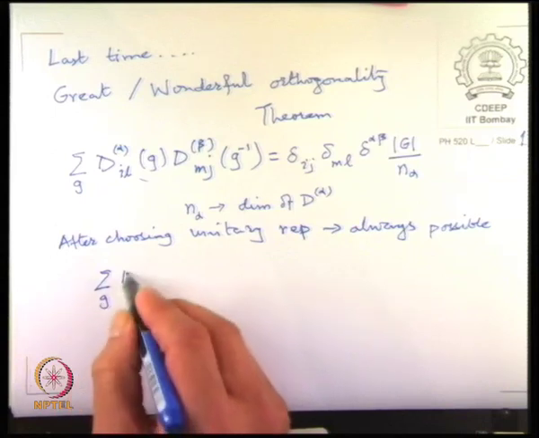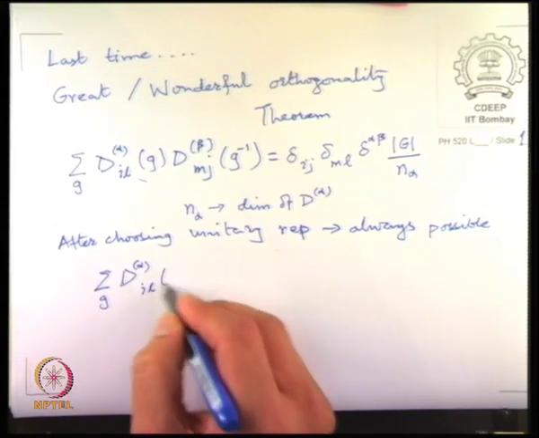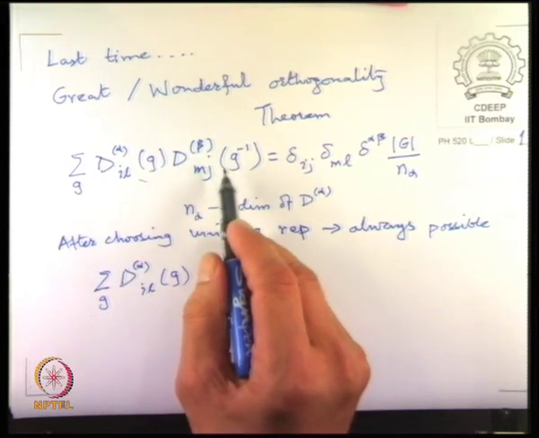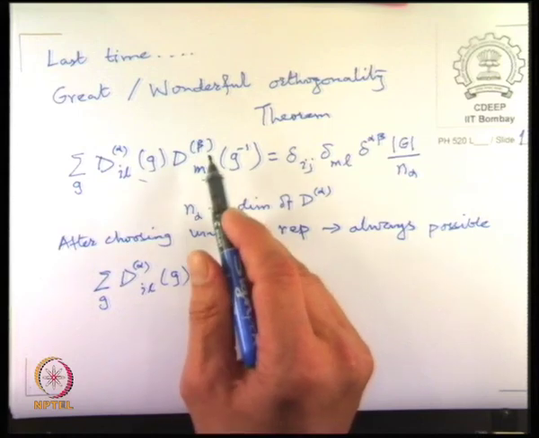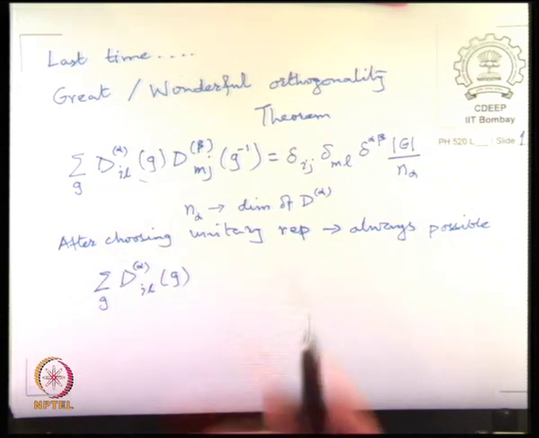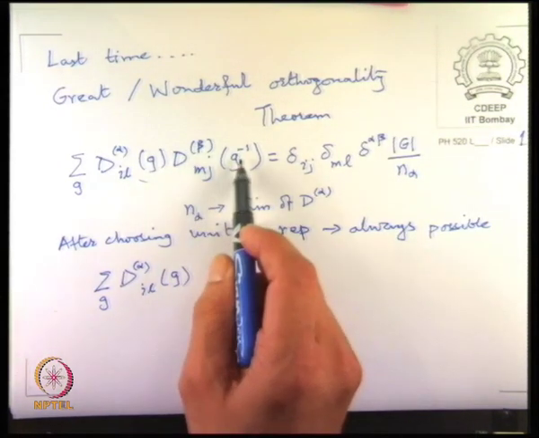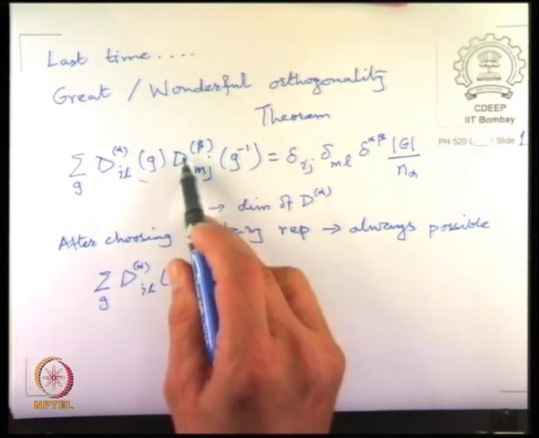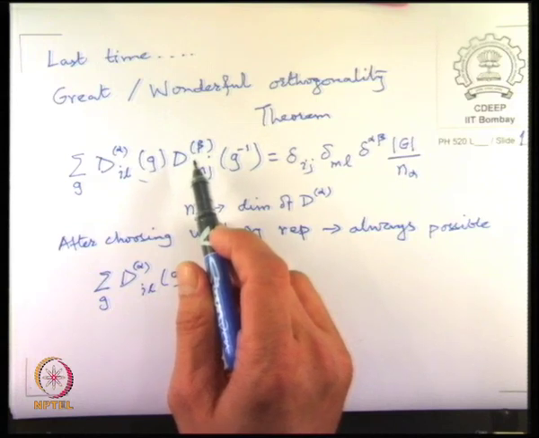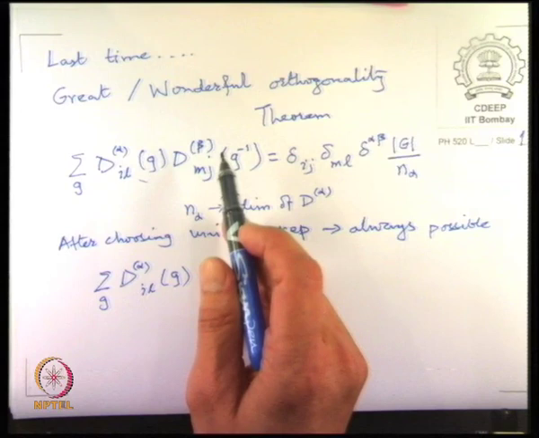sum over G of D alpha IL of G, and the representative matrix of G inverse would have to be the inverse matrix, because it's a homomorphism, it realizes whatever the group does. So the D of G inverse has to be the same as D inverse of G, but since it's a unitary representation, D inverse is simply equal to the complex conjugate transpose.